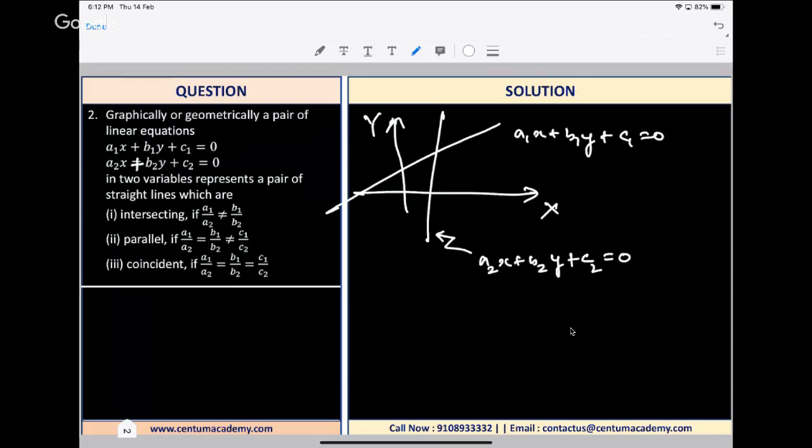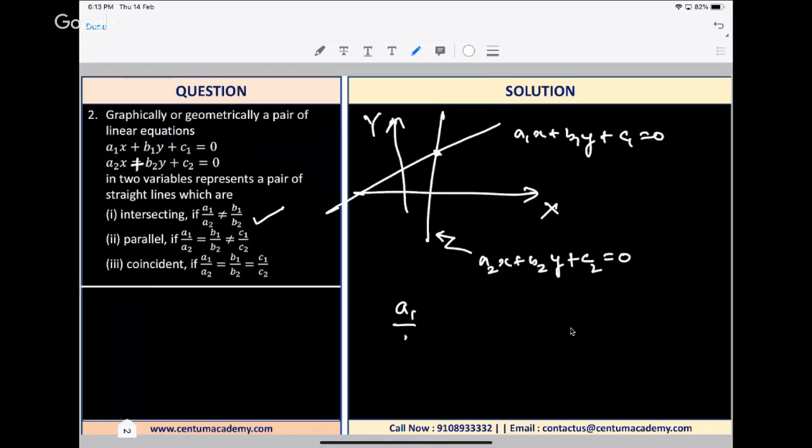And this point here is the point of intersection. So we say that these two lines are intersecting. This is the first condition, and there will be questions around that. What is the criteria?